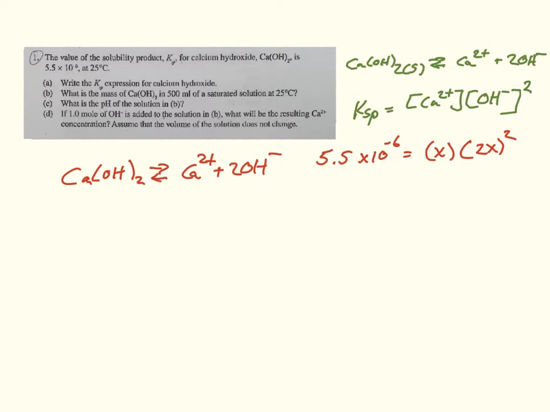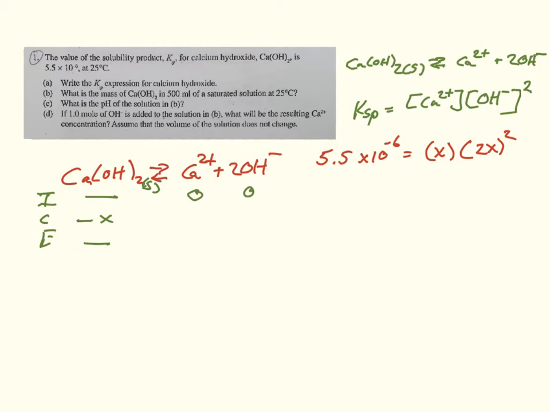Alright, so the thing that I wanted to remind you of is, when we plug in, here's the KSP, this is going to be x, this is going to be 2x squared. And a reminder of why this is 2x. I sort of wrote all this, so I can't do an ICE table here, so I have to rewrite it over here. But you'll remember that in KSP expressions, there isn't really a concentration of this thing in the beginning because it's a solid, but the amount of it that's going to get consumed is some value x, and it doesn't really matter what it is at equilibrium because it doesn't show up in the equilibrium expression.